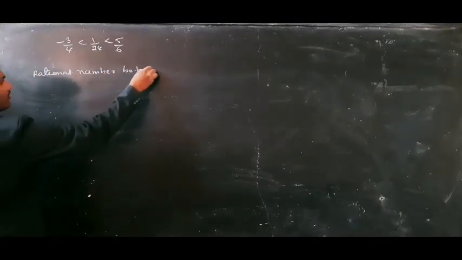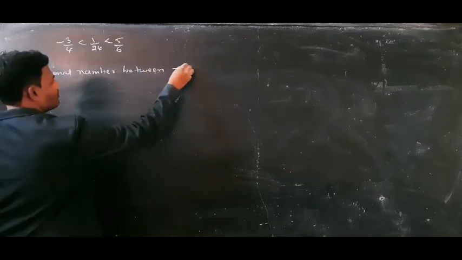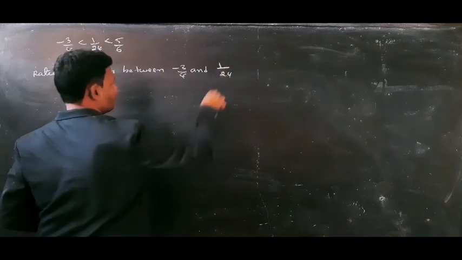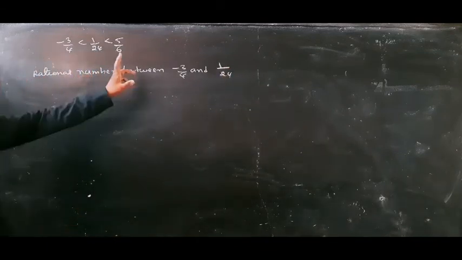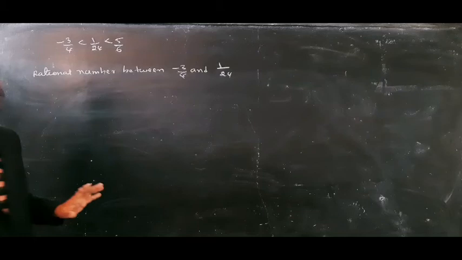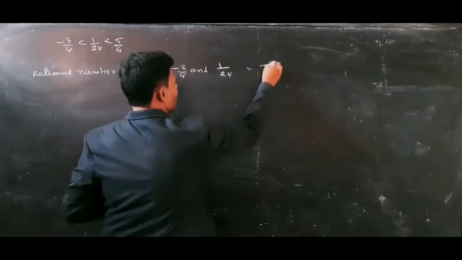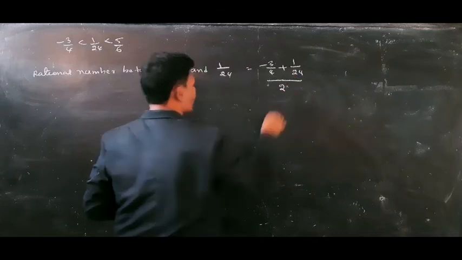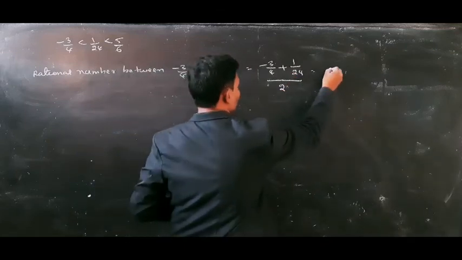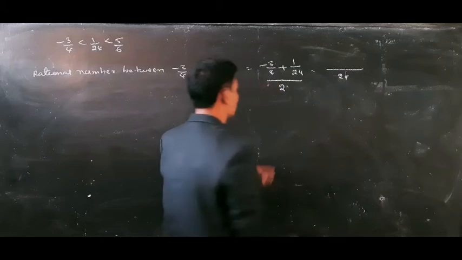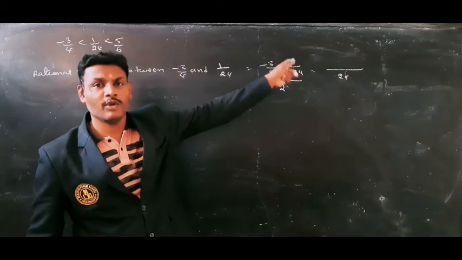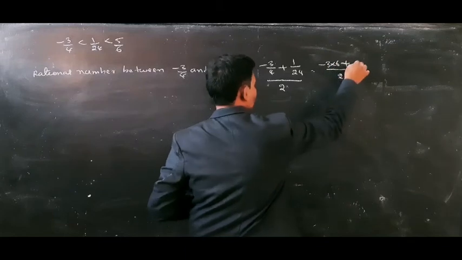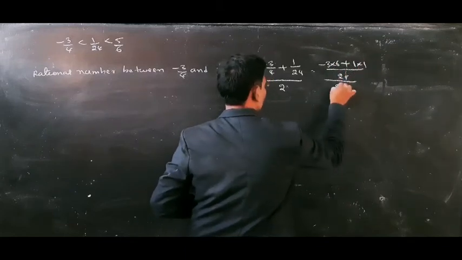The rational number between minus 3 by 4 and 1 by 24 is equal to (minus 3 by 4 plus 1 by 24) by 2. Here what is the LCM? 24 is the LCM. In the 4 table, 24 goes 6 times. So it is minus 3 into 6 plus 1 into 1, by 2.